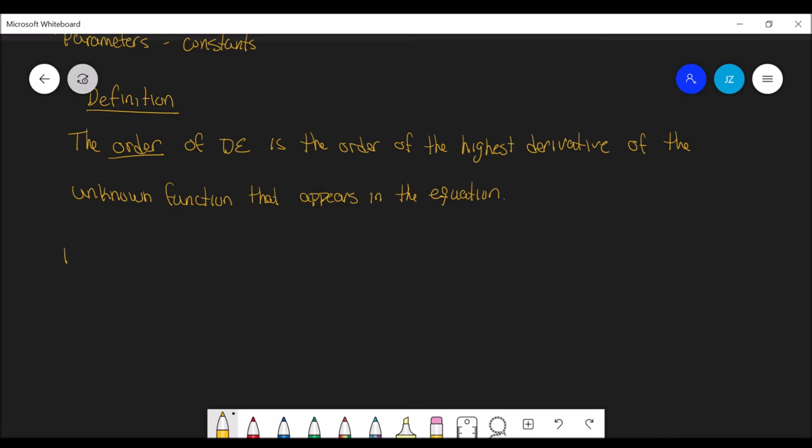We can also have a special type of differential equation. We call this linear.